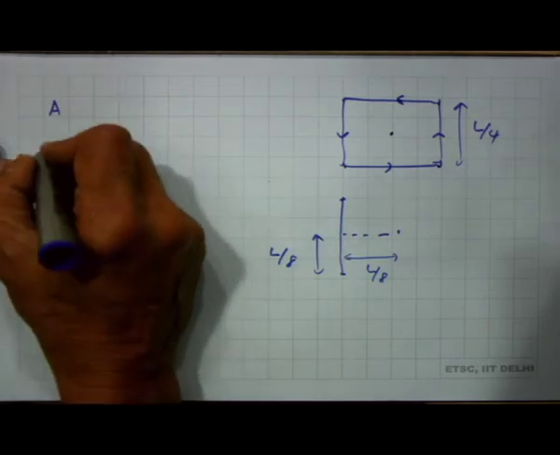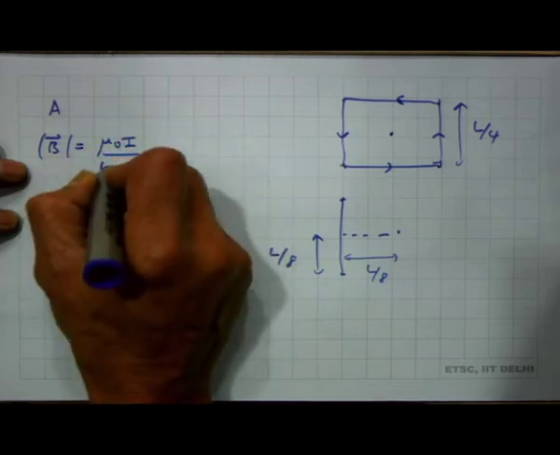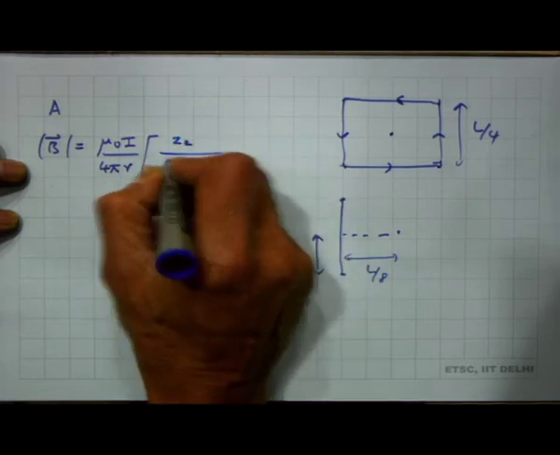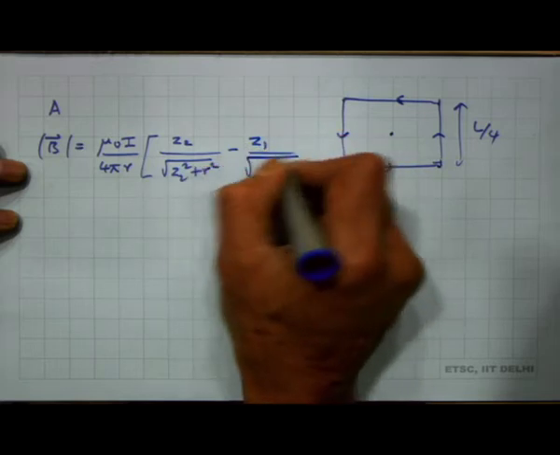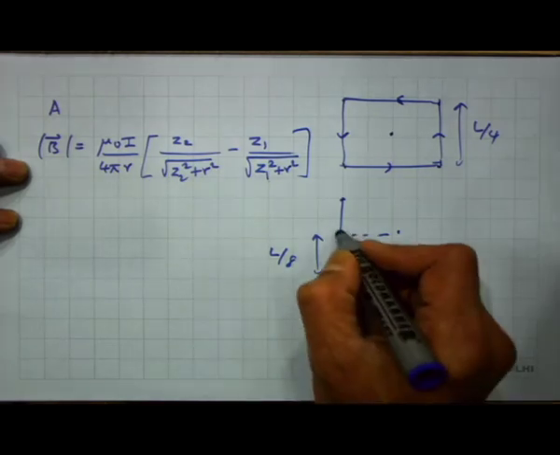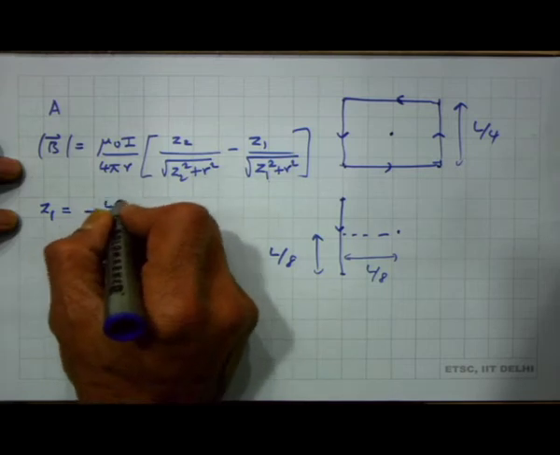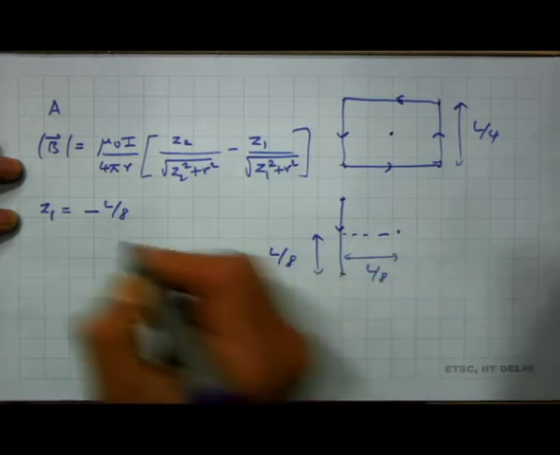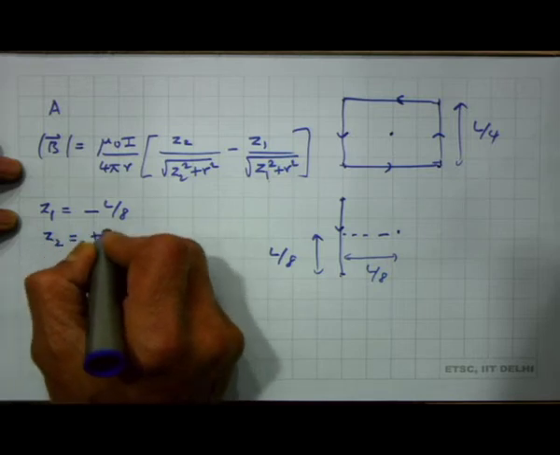If you recall, we had just obtained this formula: mu naught I by 4 pi r into Z2 by square root of Z2 square plus r square minus Z1 by square root of Z1 square plus r square. So, for this current element, Z1 is equal to minus L by 8. Look, this is the perpendicular drawn here. Z1 is minus L by 8, and Z2 is equal to plus L by 8.